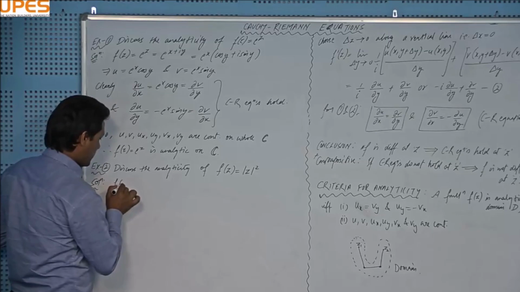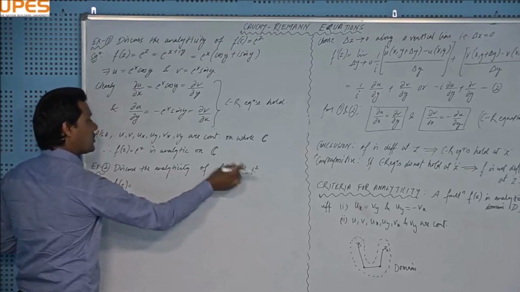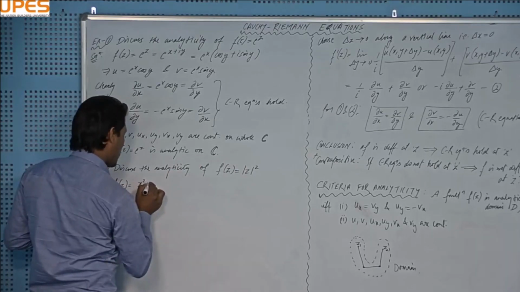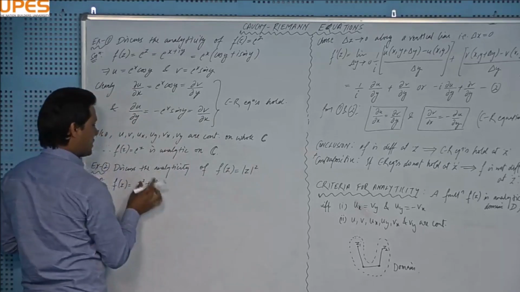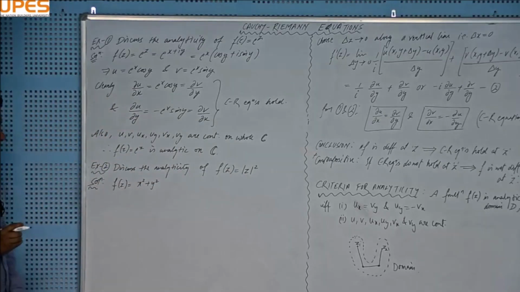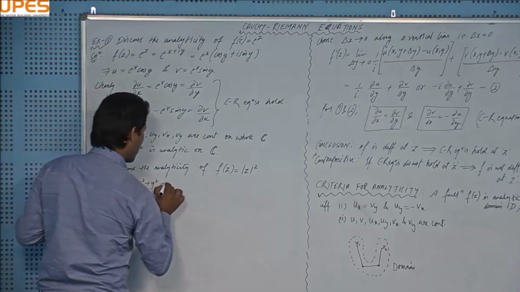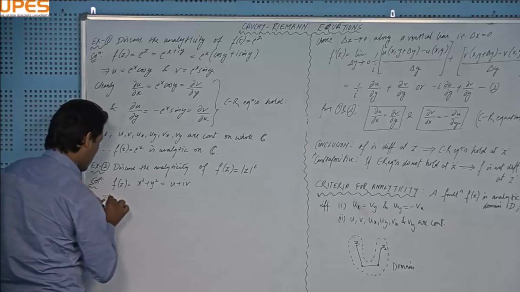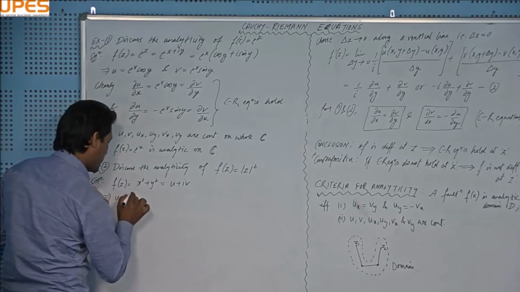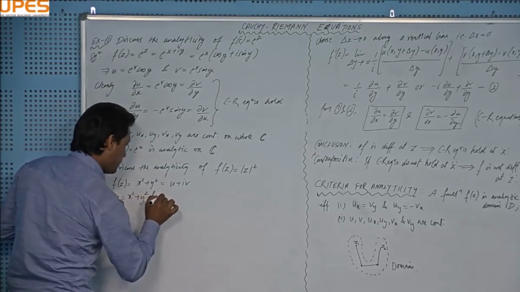f(z) equal to mod z square is actually under root of x square plus y square, and under root here we have a square, so ultimately it will be x square plus y square, right? And that should be equal to u plus iota v, and comparing, you will get u equal to x square plus y square and v equal to 0.